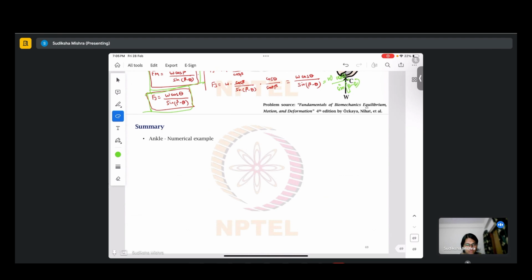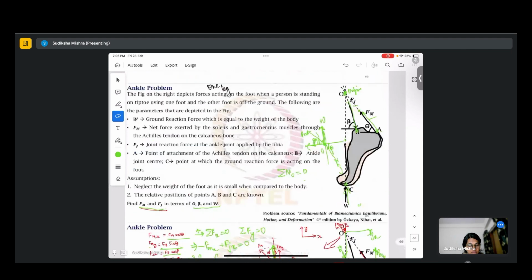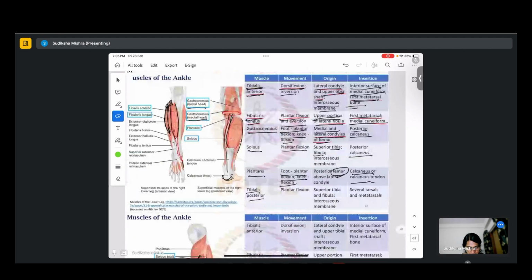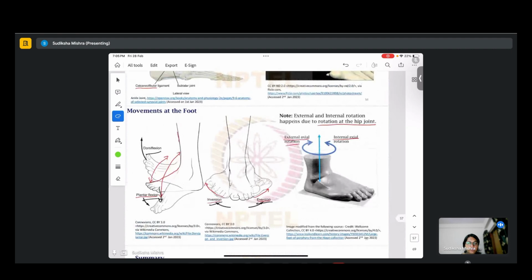So we looked at 3 different problems, one concerning the ankle, one concerning the knee, and another one concerning the thigh, the hip bone.